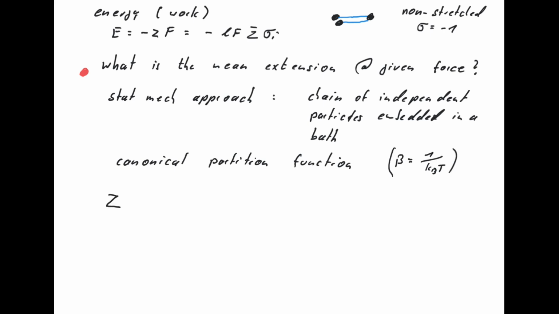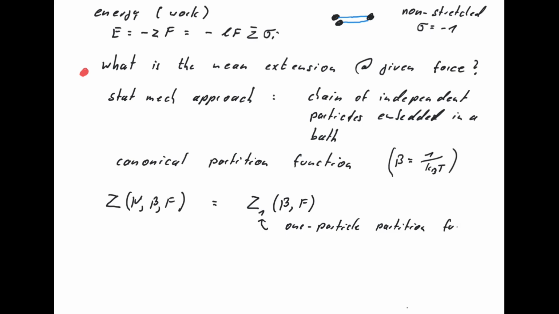Now, the partition function of such a system, Z, which depends on the number of particles n, beta, the inverse temperature, and the force, is equal to the single particle partition function, Z1, which now only depends on beta and the force, to the power n. That assumption is made because all particles are independent, and we know that from statistical mechanics.